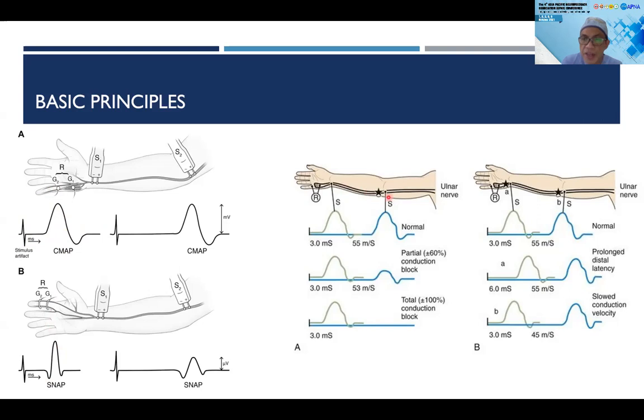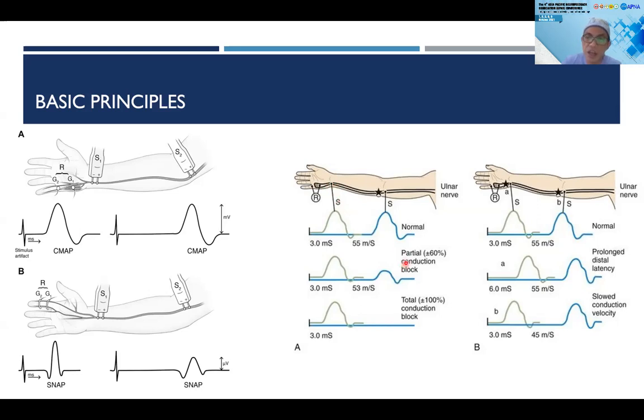So anything that happens between the nerve root and the muscle will appear on the recording side. For example, if there is a block here, and we stimulate on the side proximal to the block, we will get a conduction block appearance.